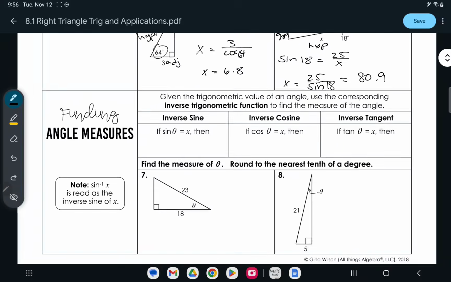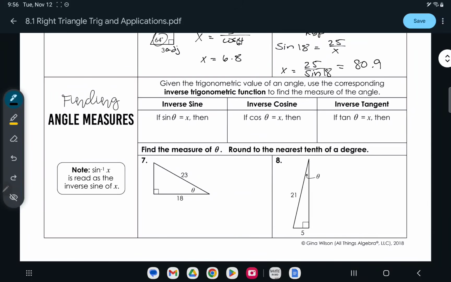All right. If we're going to find the angle measure, we are going to have to isolate the trig function, and then to solve for theta, we're going to have to use the inverse trig. So if we have sine of theta equals x, we can take the inverse sine of both sides.